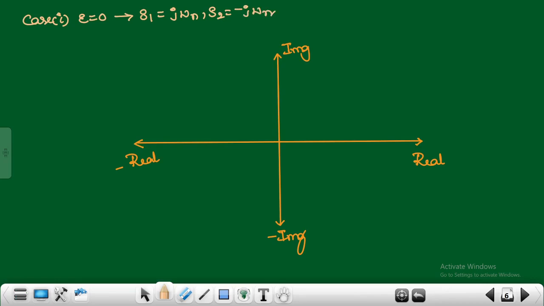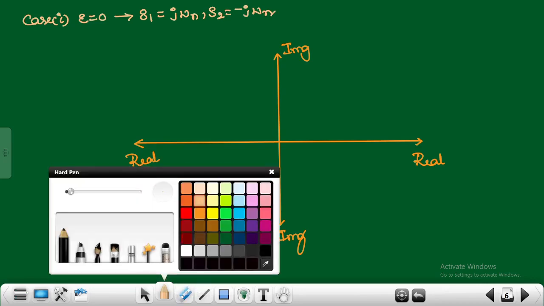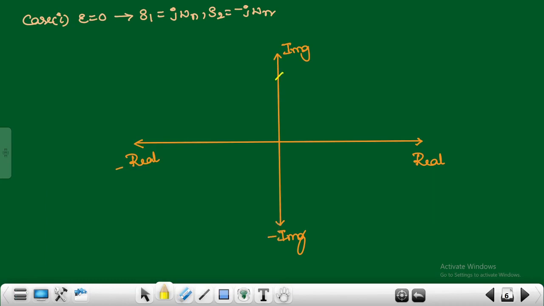So the roots are imaginary numbers, but they have opposite polarity. Let us identify: here you take zeta omega n, and here I am taking minus zeta omega n.